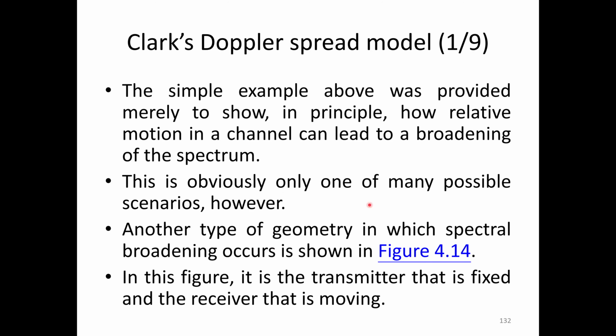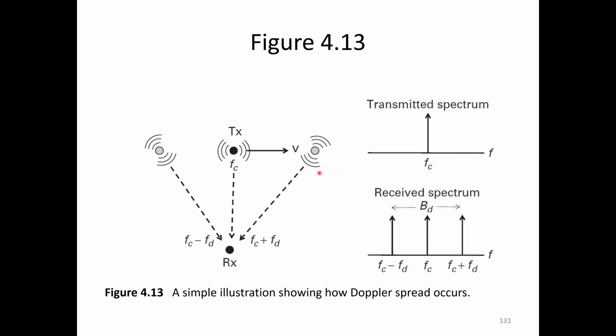Okay. The simple example above was provided merely, that is only, to show, in principle, how relative motion in a channel can lead to a broadening of the spectrum. Okay, originally the transmitted spectrum has bandwidth 0, because the transmitted spectrum is only an impulse, and the received spectrum is broadened to BD.